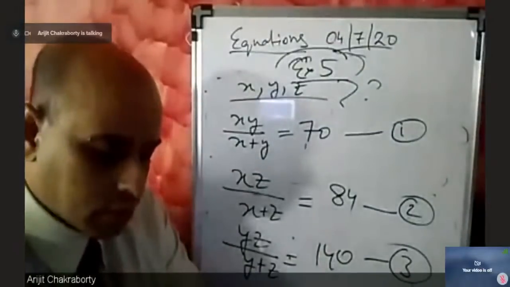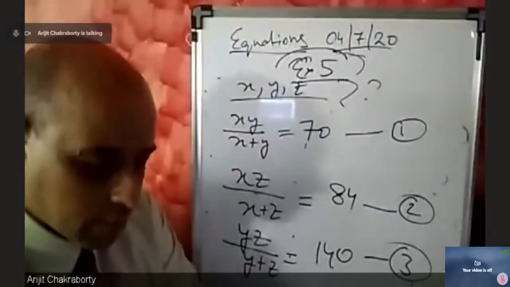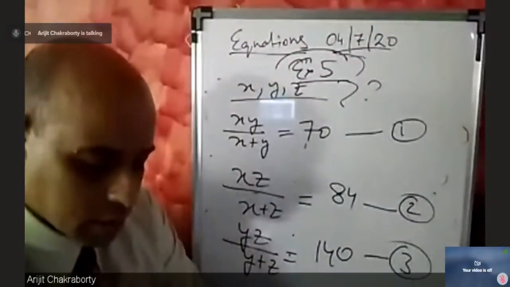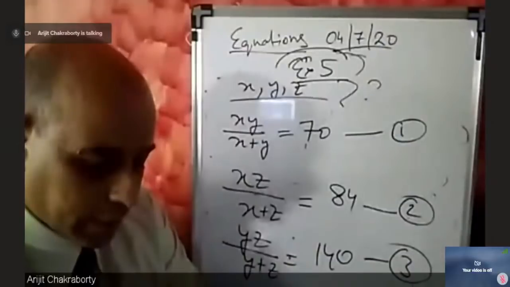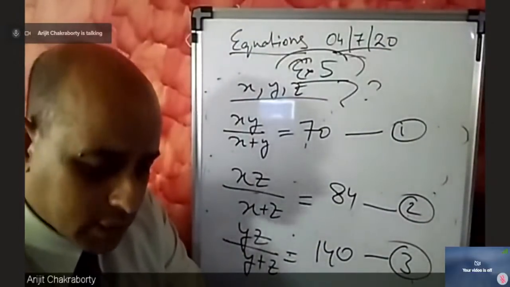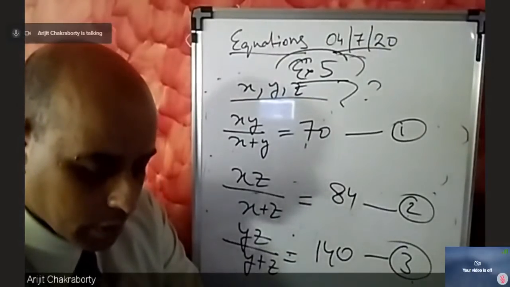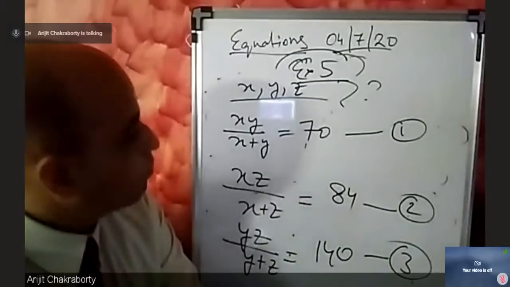Okay. So I request you to please note the equations once again. xy divided by x plus y is equal to 70. First, this is equation number 1.